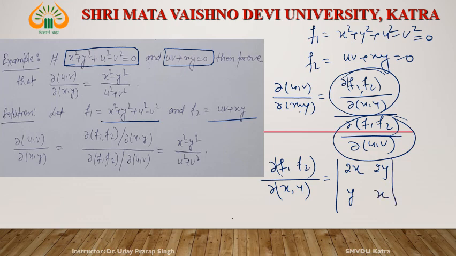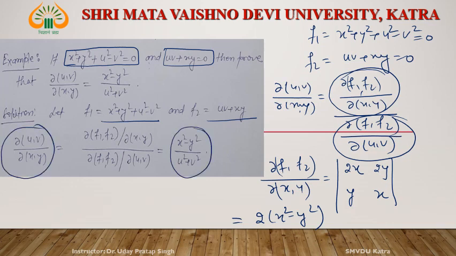And this is equal to 2(x² − y²). This is the numerator. Similarly for the denominator. Then this ∂(u,v)/∂(x,y) is equal to this, by the properties of Jacobian for implicit function.